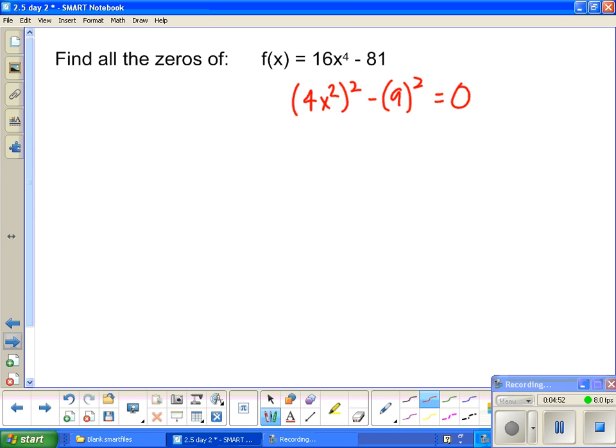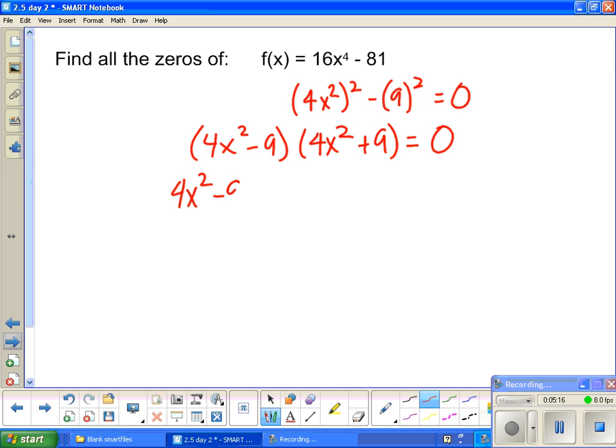So now I can factor it to 4x squared minus 9 and 4x squared plus 9. Now, because it's of a squared form here, I could go ahead and use the square root method since I have just the square and the constant term.